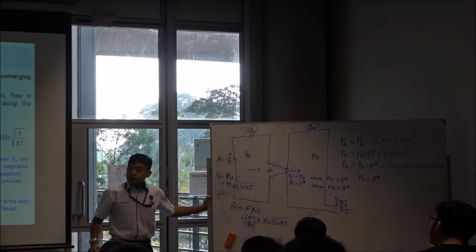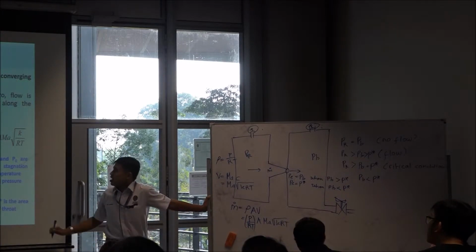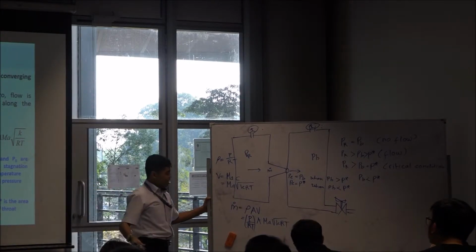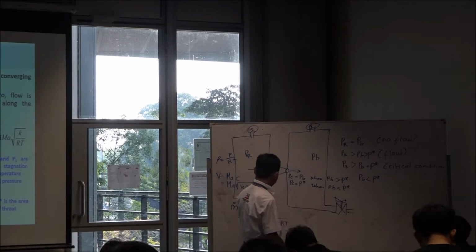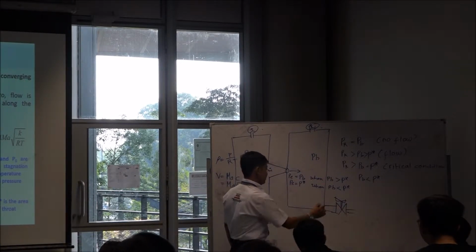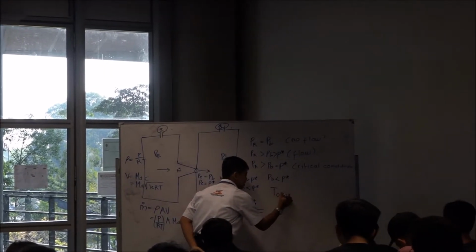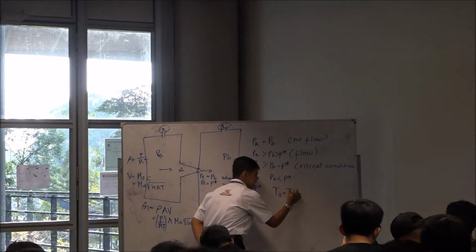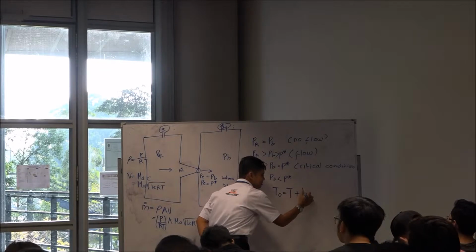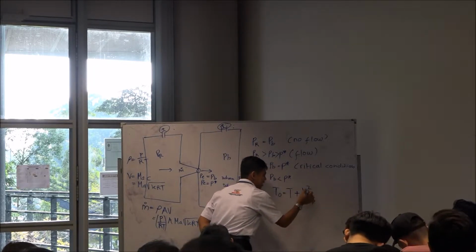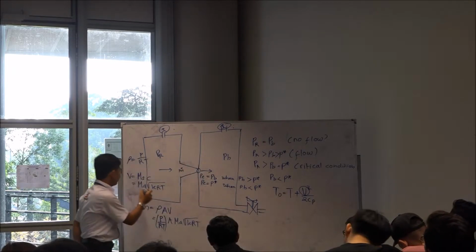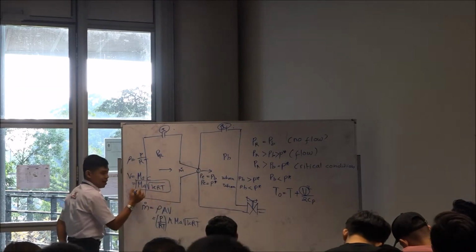Okay? Now you know the definition of T as a function of T naught. What's that? Where's my right now? T naught is equal to T plus V squared over 2Cp. And this V is this one.